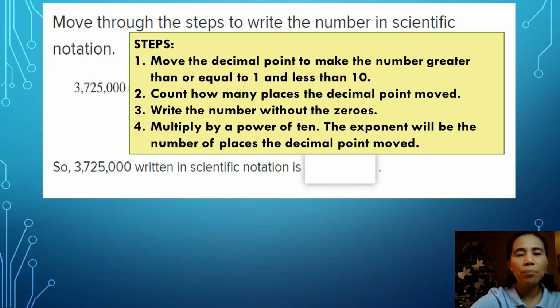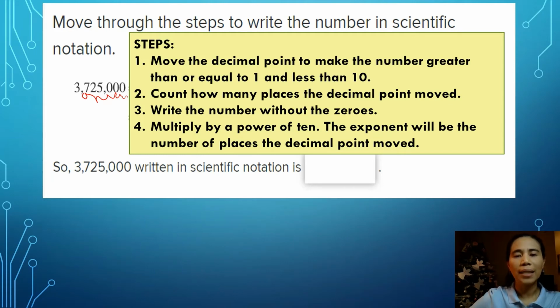We could have the decimal point at the last digit, which is 0, and then we count: 1, 2, 3, 4, 5, 6. So from the last 0, from right to left, we have 6 places until 3, which is greater than 1 but less than 10.